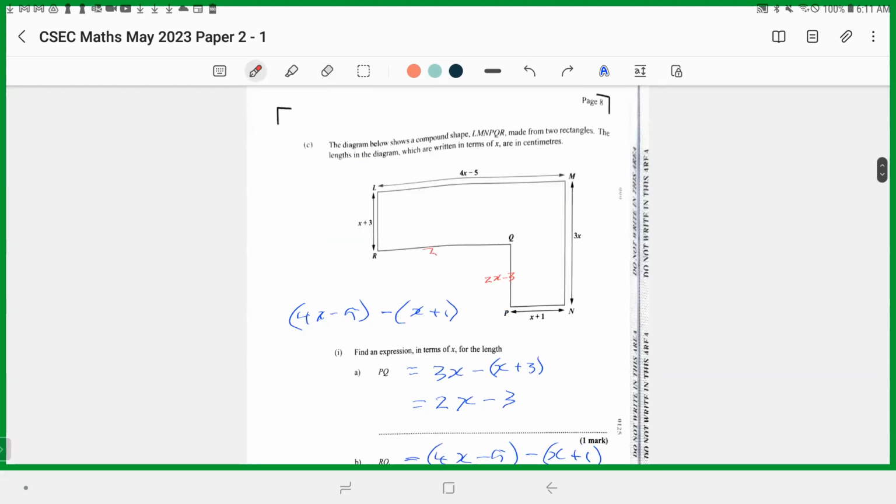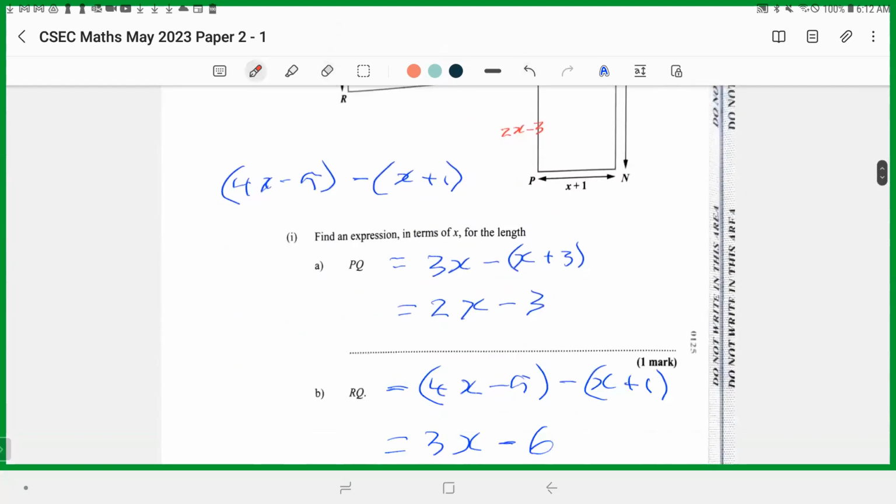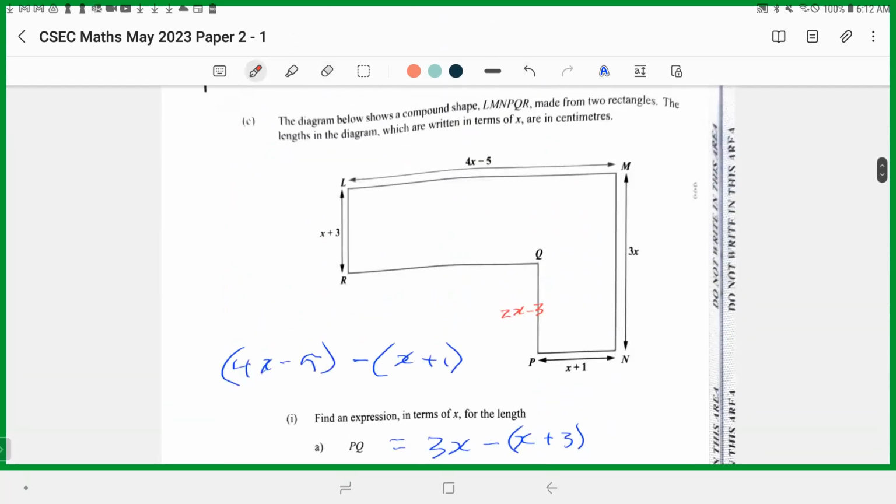So 3x minus 6 and x plus 1 must be equal to 4x minus 5, which it is. Right? So let's write that a little bit better. Did I say 3x minus 6?